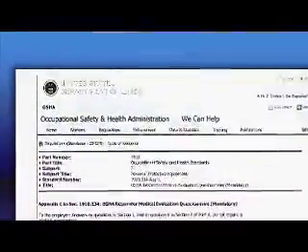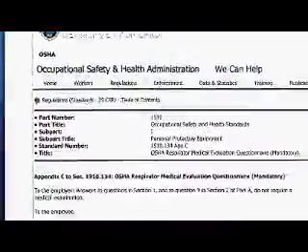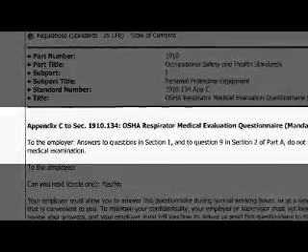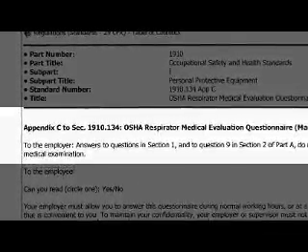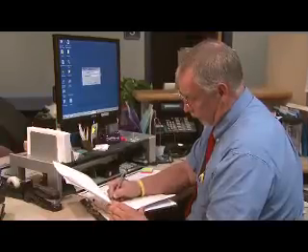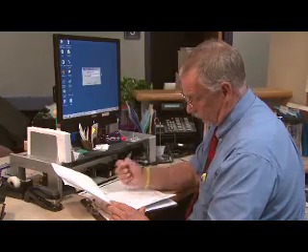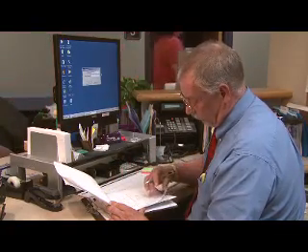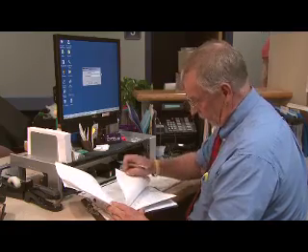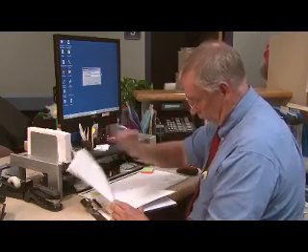The evaluation must consider your health, specific job description, respirator type, and workplace conditions. The questions that must be included in the medical questionnaire are contained in Appendix C of OSHA's Respiratory Protection Standard. The medical evaluation can be as simple as having the physician or other licensed healthcare professional review your responses to the questionnaire.